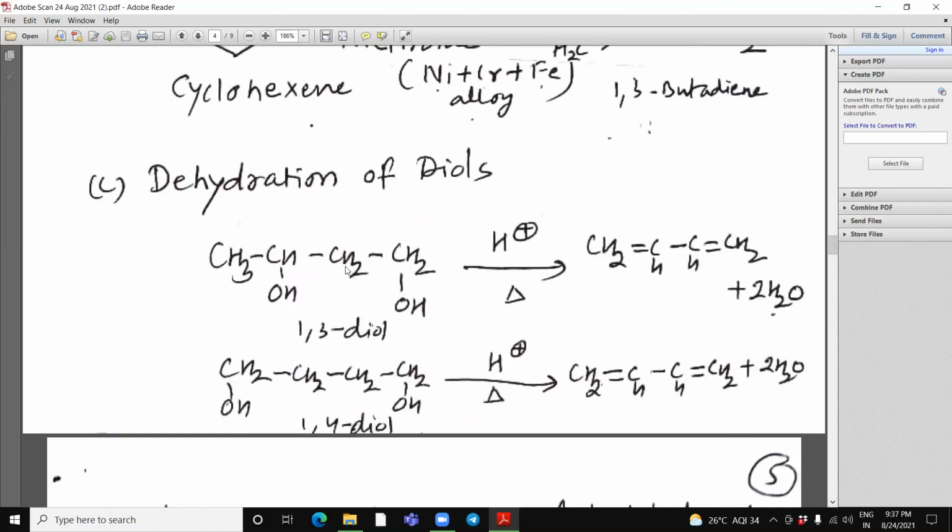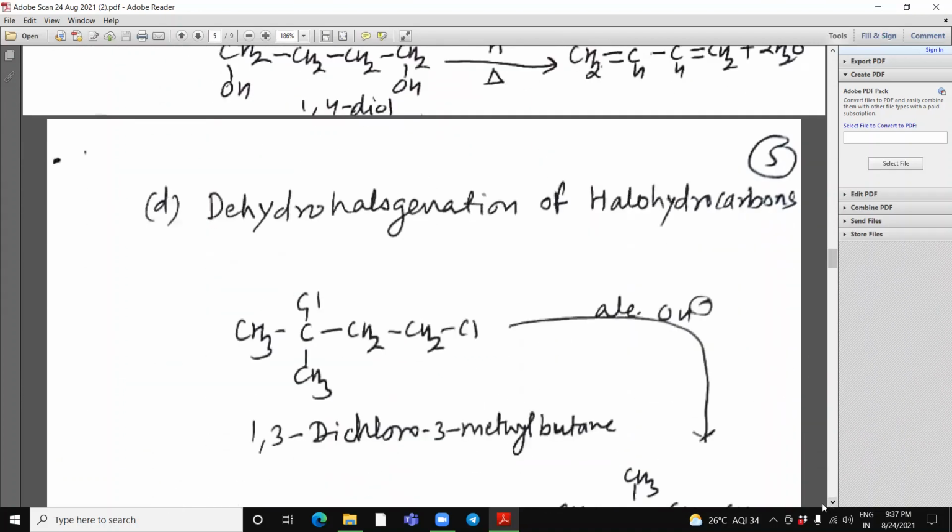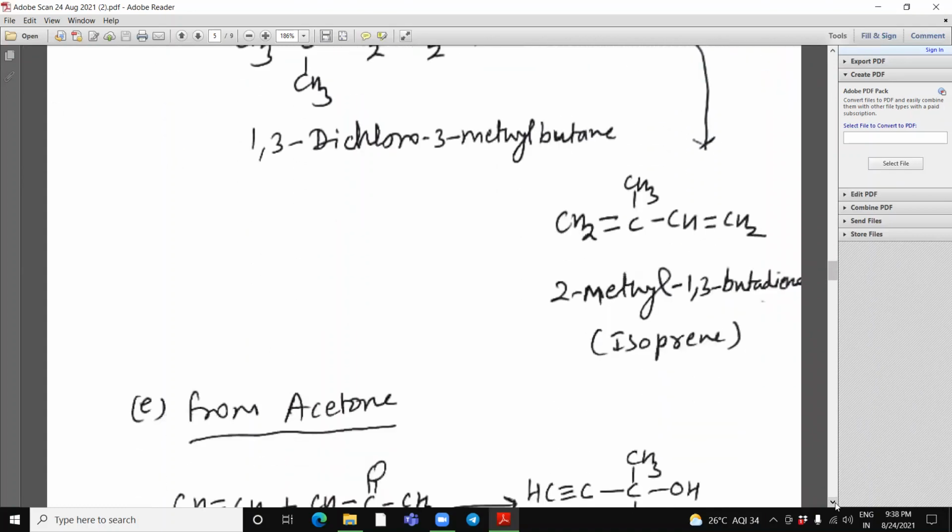Dehydration of diols. When 1,3-diols or 1,4-diols are dehydrated in presence of strong acid, then we will get 1,3-butadiene. Dehydrohalogenation of halohydrocarbons also produces 2-methyl-1,3-butadiene or isoprene.